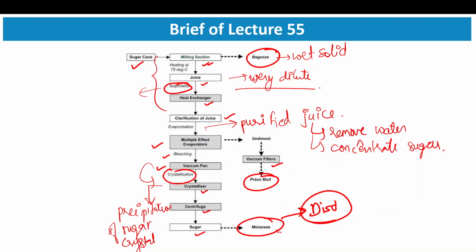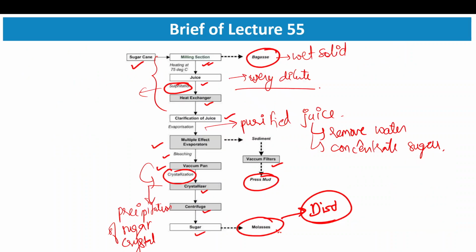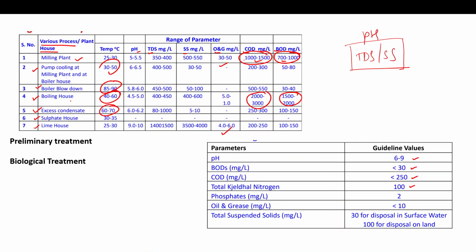You will again have some TDS because of the dissolved solids. While you are using sulfitation, you use lime also, so you will have some TDS. Oil and grease comes from maintenance, when you have oiling of pipelines and joints.